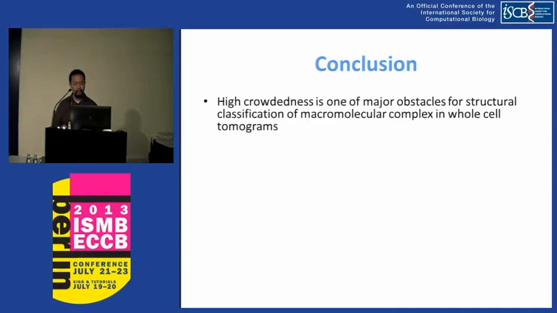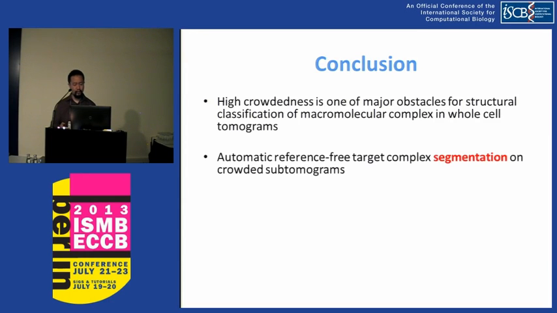So in conclusion, high crowdedness is one of the major obstacles for structural classification of macromolecular complexes in whole cell tomograms. To address this problem, we have designed an automatic reference-free target complex segmentation method on crowded subtomograms.